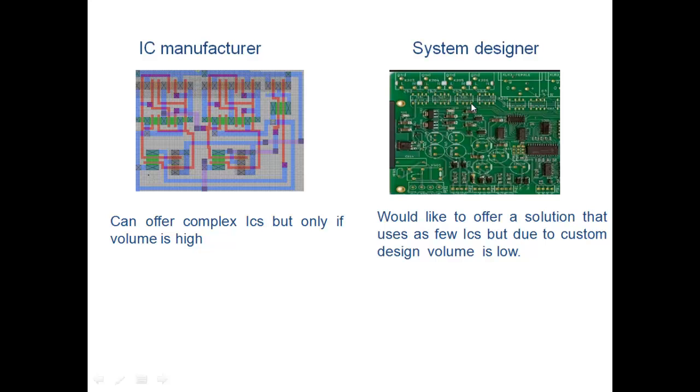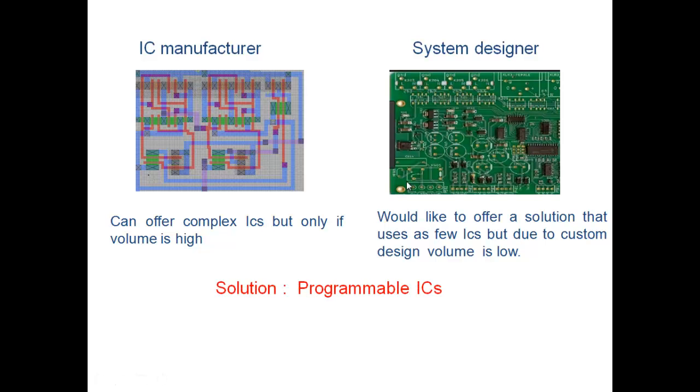You have a system designer who has a complex design in mind. Right now, he can only integrate these ICs in this way, but he's not very happy with it. He wants an IC. It's possible to design an IC, but it's going to be very expensive. The volumes are so low, right? So it doesn't justify designing a unique IC for this particular customer.